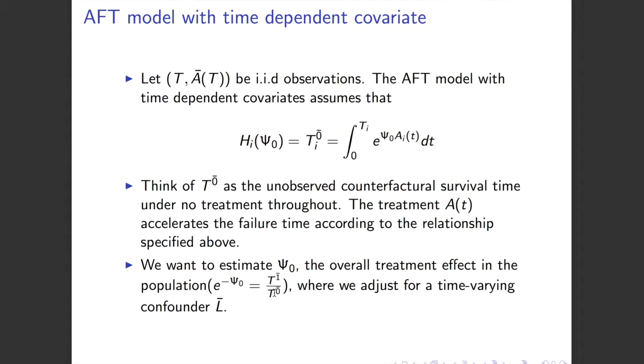So to compute this, you'd have all the A_i of t's be 1, and so then you just have an integral from 0 to t_i, but that's when you're treated the entire time. So that would be like T superscript 1 over bar. That would be in the integral.